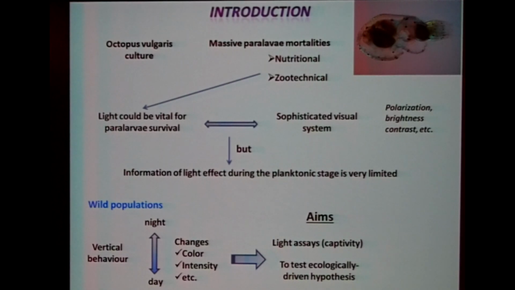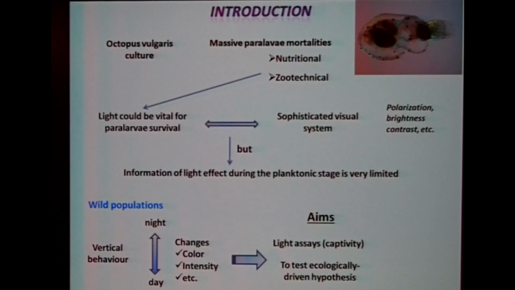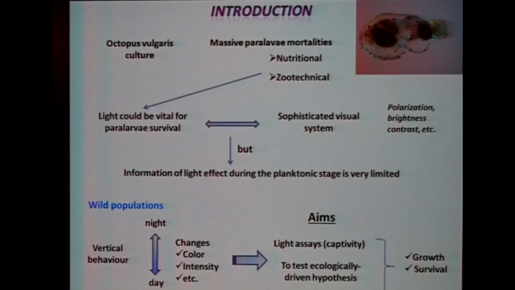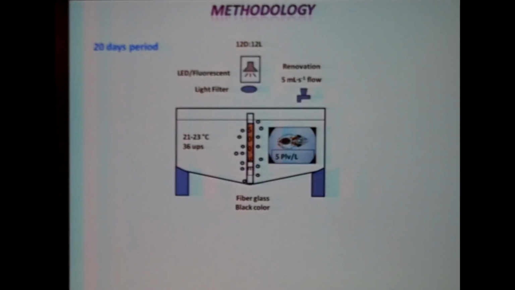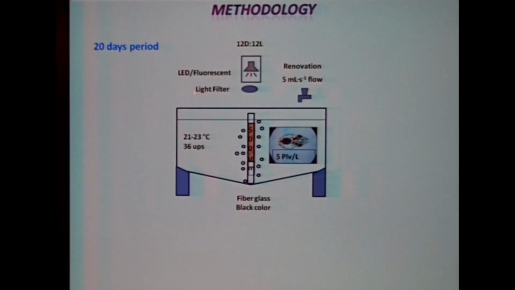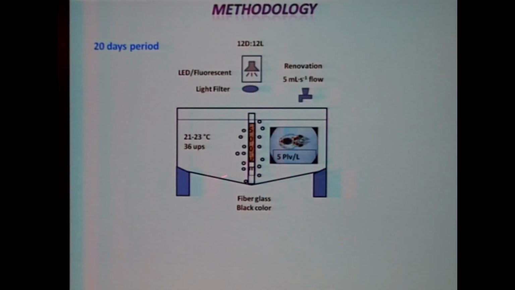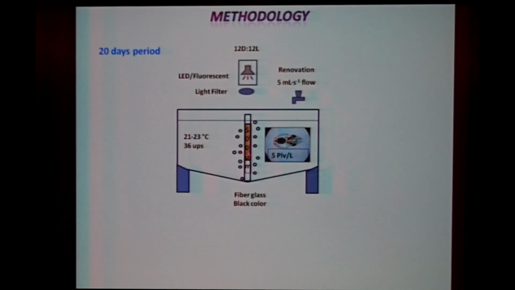The objectives were to make several light assays and to test ecologically driven hypotheses, comparing the effects on growth and survival. Methodology: we use 20-day-old paralarvae. We use LED or fluorescent light, depending on the experiment, with light filters and water renovation, typical conditions of paralarval culture.